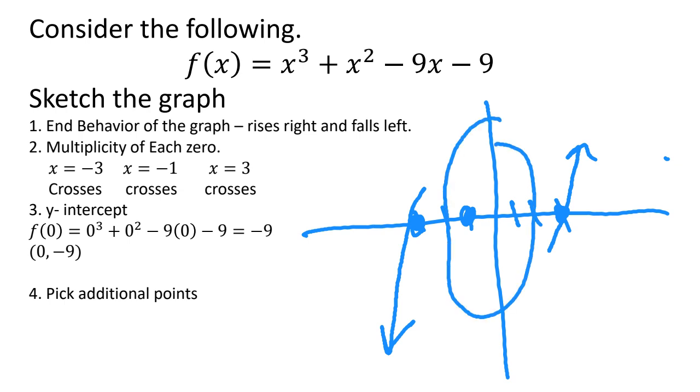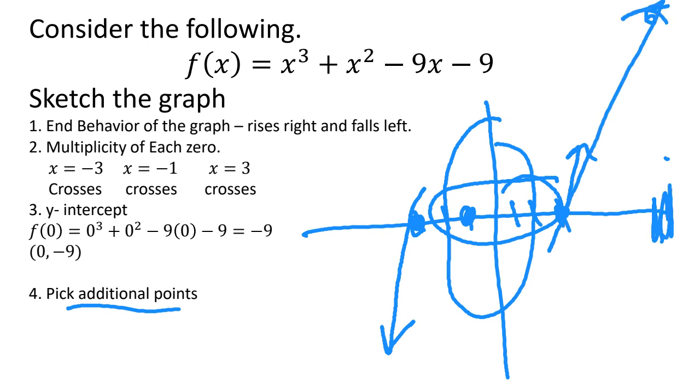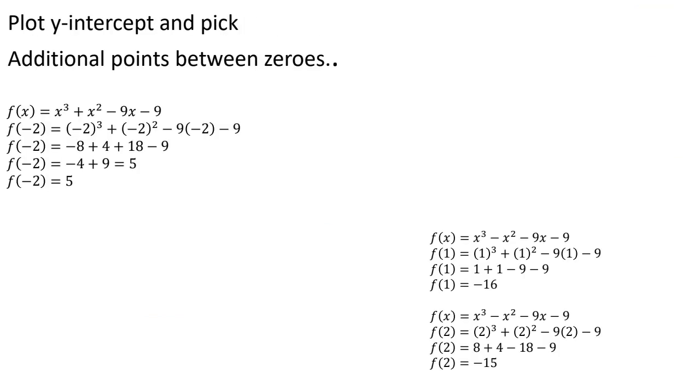we need to plot additional points. So the additional points that I would encourage you to use are the ones in between the zeros. Because if you get a point out here, then that's just going to be up here because the graph is going to come this way. Okay, so let's go on to the additional points.